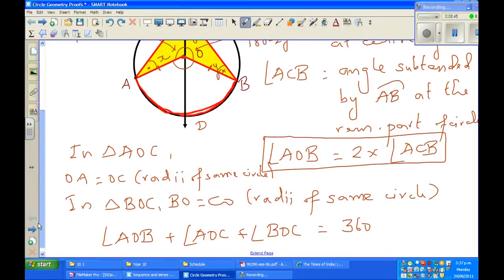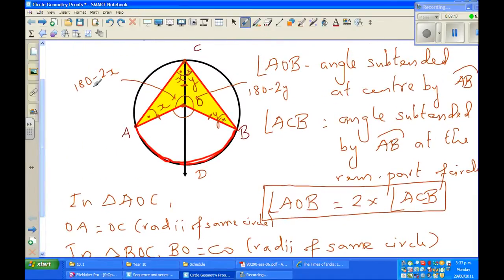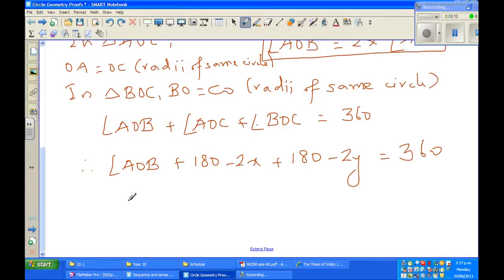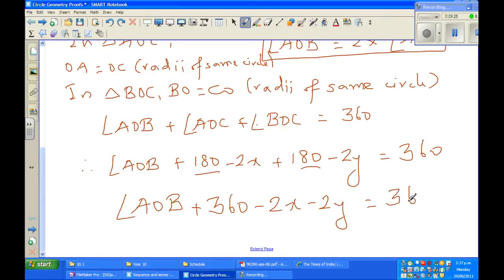What do we know about AOC? AOC is 180 minus 2x and BOC is 180 minus 2y. So can I write, therefore, angle AOB plus 180 minus 2x plus 180 minus 2y is equal to 360. Angle AOB plus 360 minus 2x minus 2y is equal to 360.